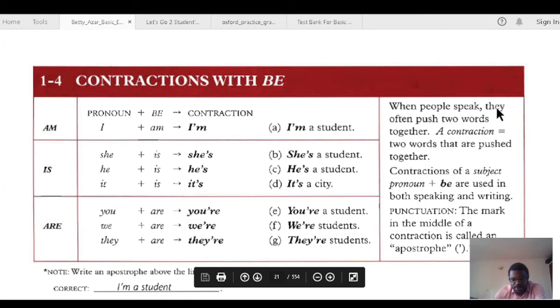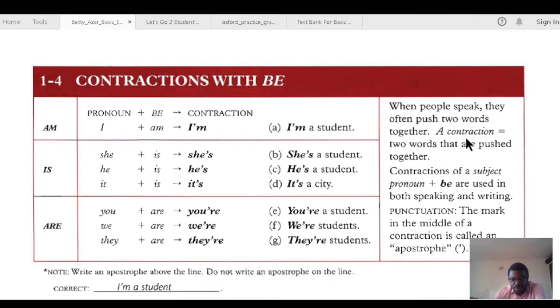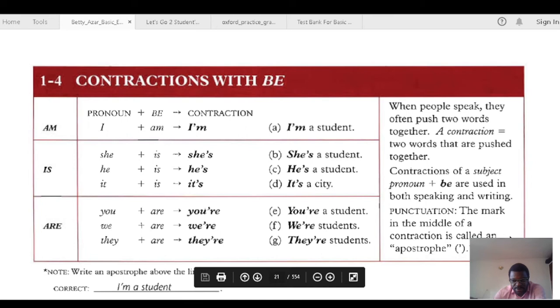Okay, let's look at it. They say when people speak, they often push two words together, called a contraction. Contractions of a subject pronoun plus be are used in both speaking and writing. The mark in the middle of the contraction is called an apostrophe. So this that we put here, we call it what? Apostrophe.